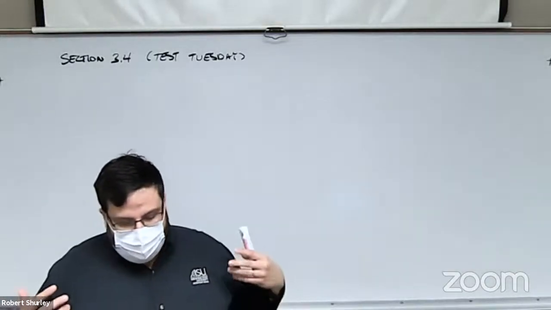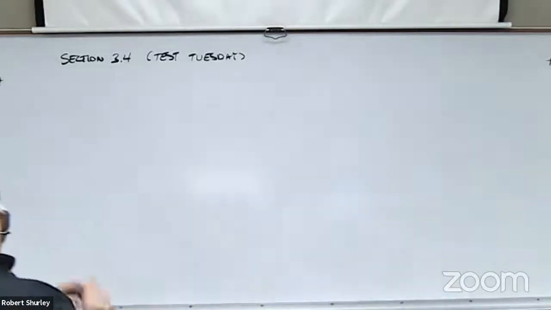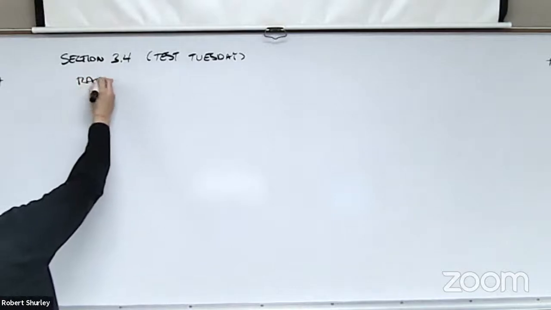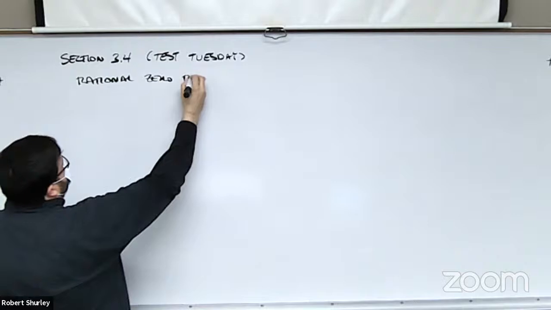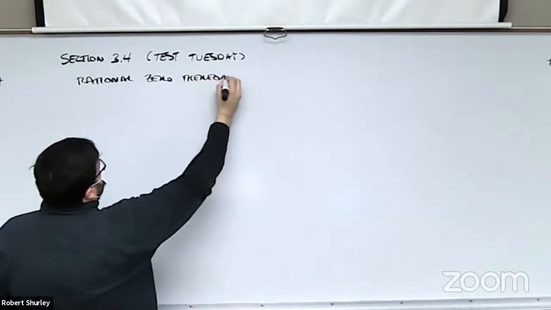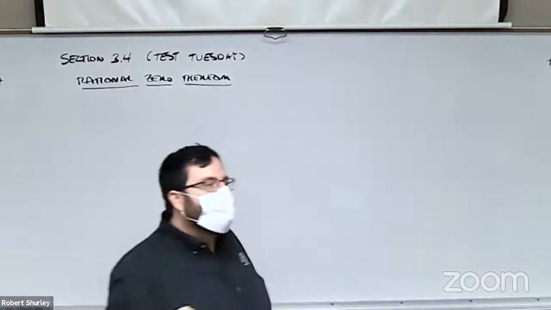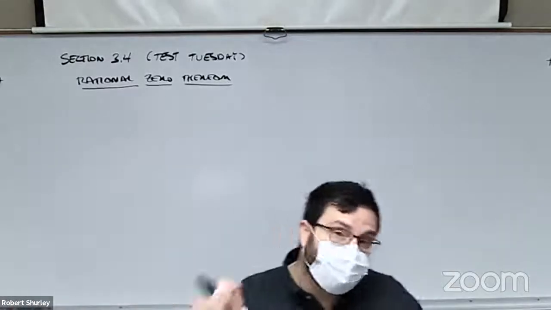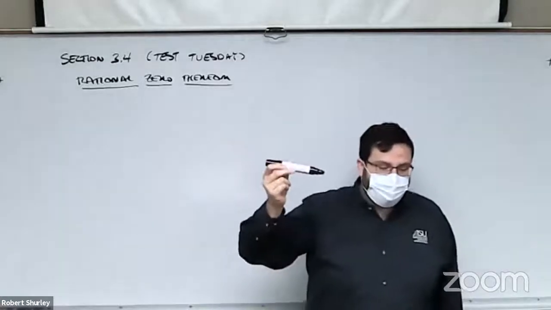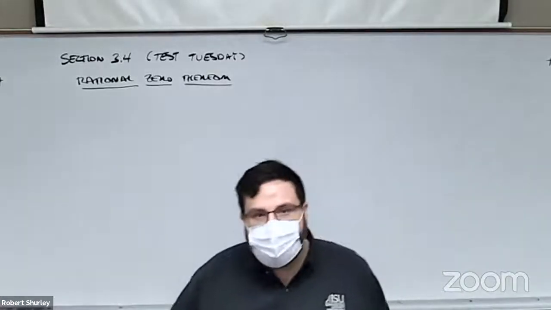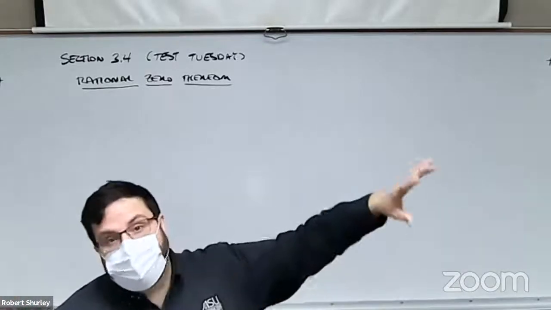So the first thing section 3.4 talks about is the rational zero theorem. Let's talk a little bit about what that means. First off, rational numbers are any number that you can write as an integer over an integer, like 1/2, -4, 17, 2/3.